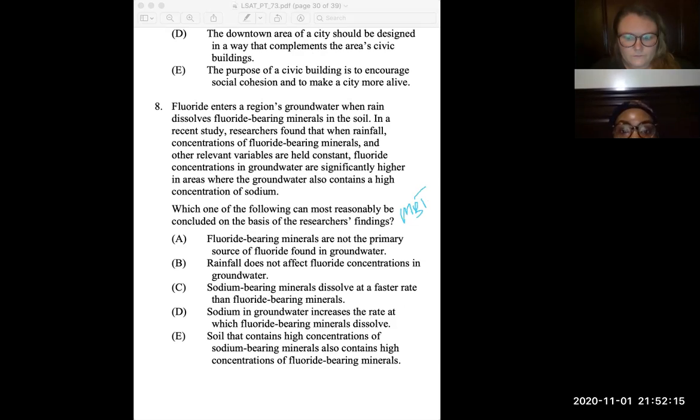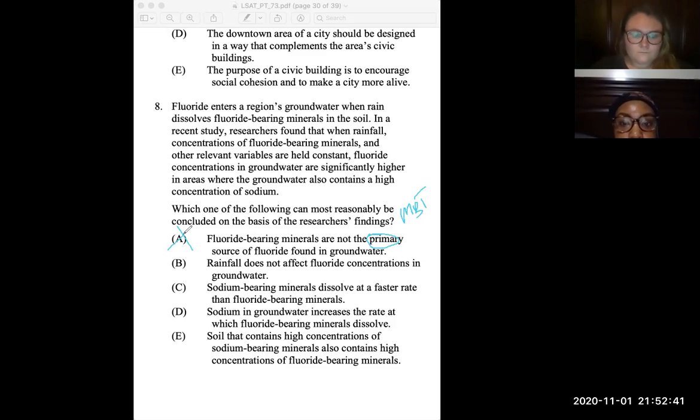Okay, A: fluoride-bearing minerals are not the primary source of fluoride found in groundwater. We don't know that, and primary is such a strong word. If I was going quickly, I'd say we don't know it's the primary. B: rainfall does not affect fluoride concentrations in groundwater.